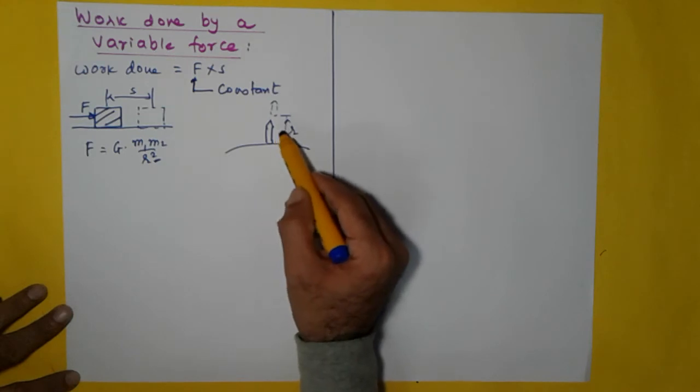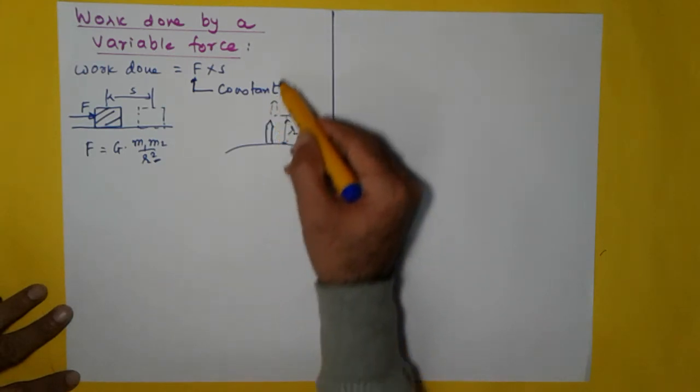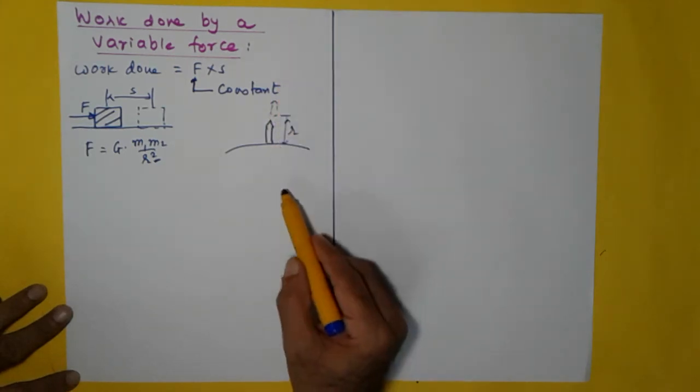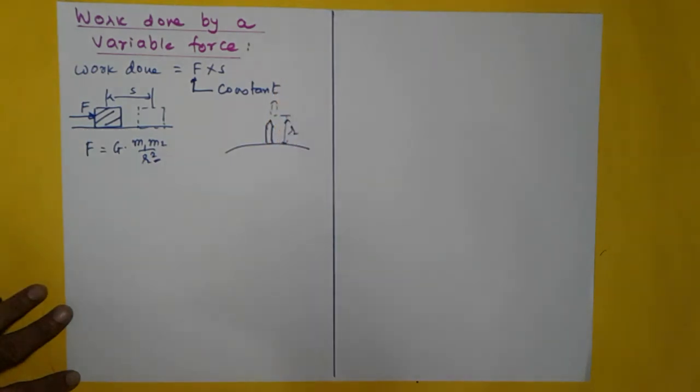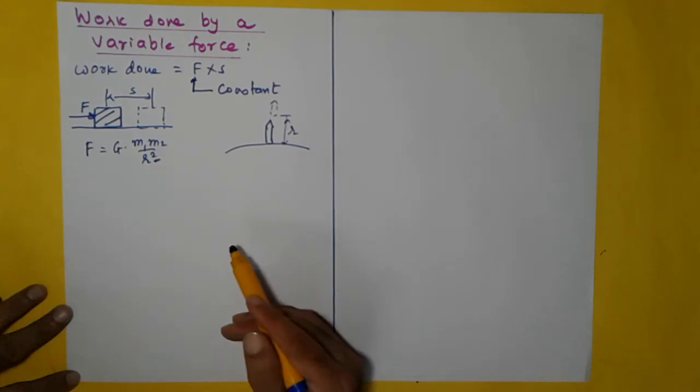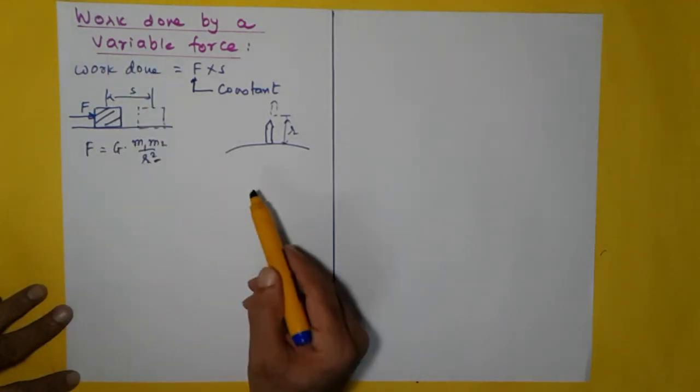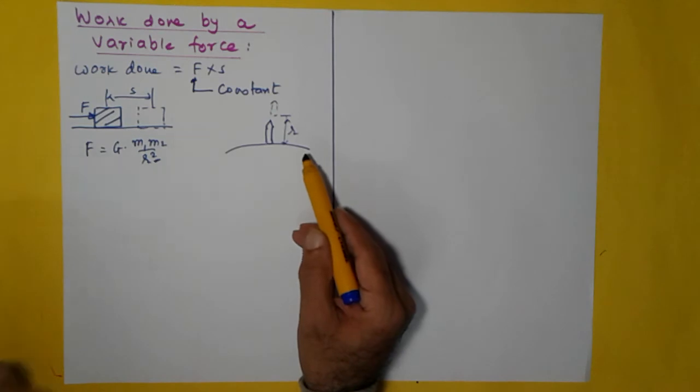The force required to keep it moving away keeps on decreasing as it goes away from the earth. So while the rocket is going through this displacement, the force acting on it keeps on changing. That means it's a variable force. This is a good example of a variable force.